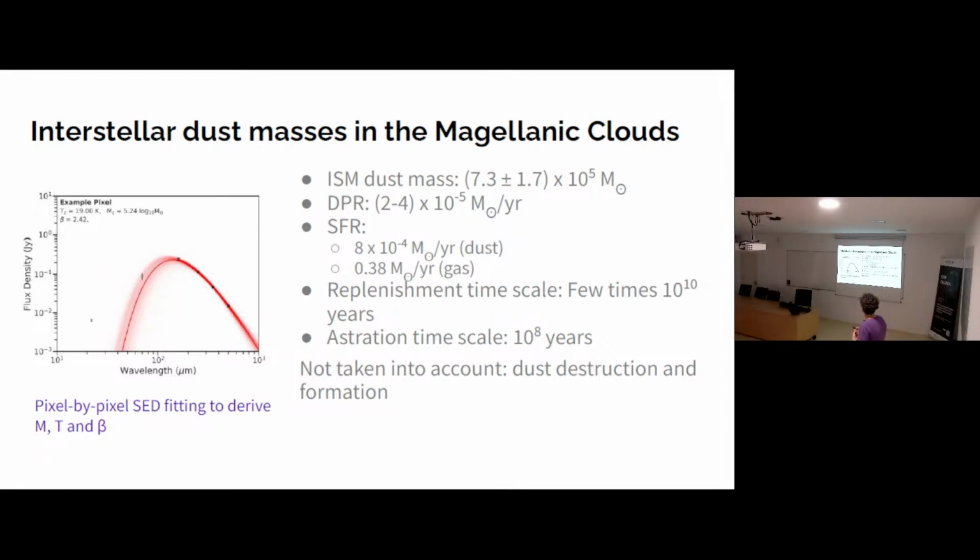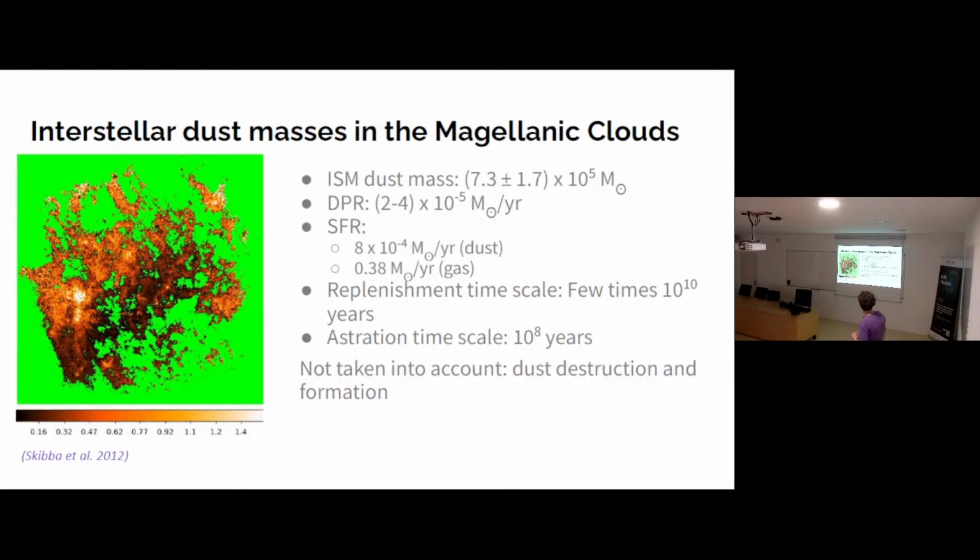So then we looked at the interstellar dust masses, and again we did this by fitting in each pixel that we had for Herschel a modified black body, like I highlighted before. So a pixel by pixel SED fitting to derive the mass, the temperature, and beta in each grid point.